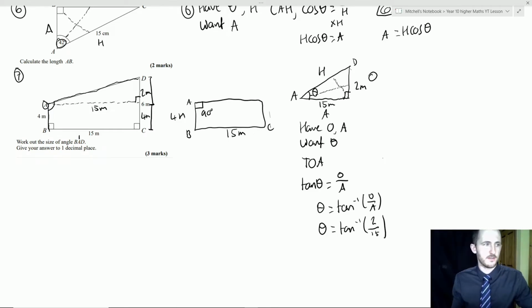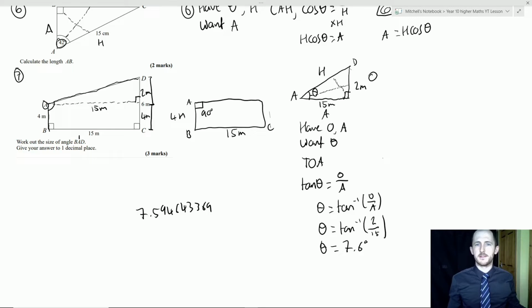You just need to press shift and press that button. And that gives me an answer of, it says give your answer to 1 decimal place, so 7.6 degrees. The full answer is 7.594643369. And that's it. Not too bad.